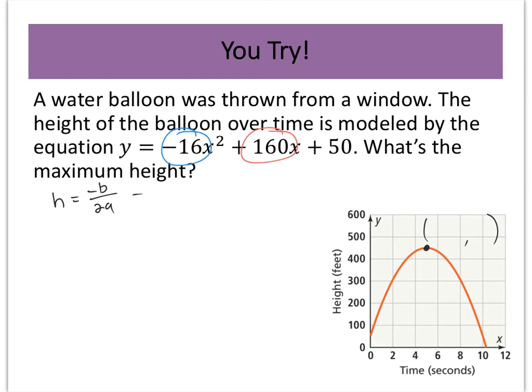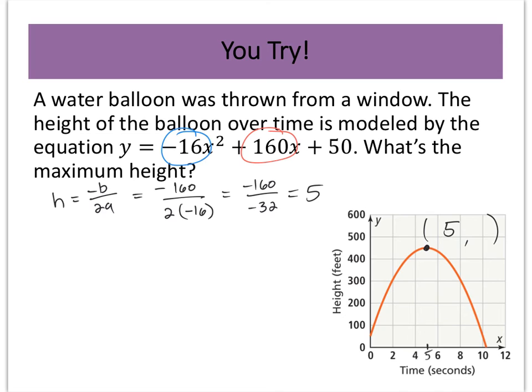So the h value, the x value, is negative b, so negative 160 over 2 times a, which is negative 16. So that ends up being negative 160 divided by negative 32. And that is 5. So it looks like it takes 5 seconds to get to its maximum.